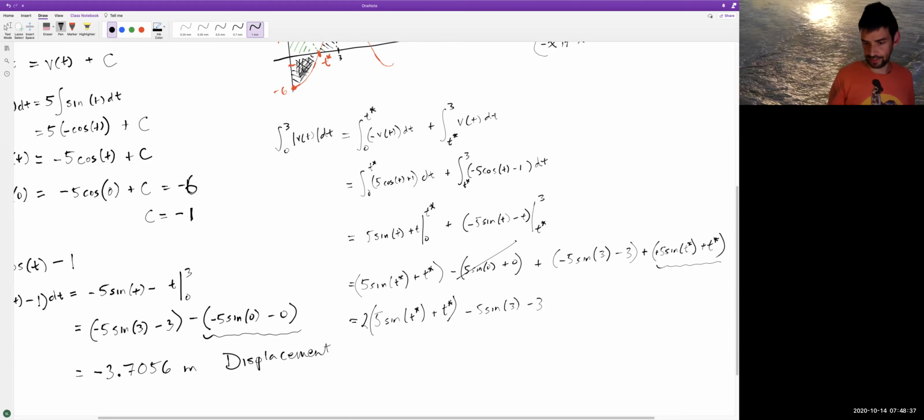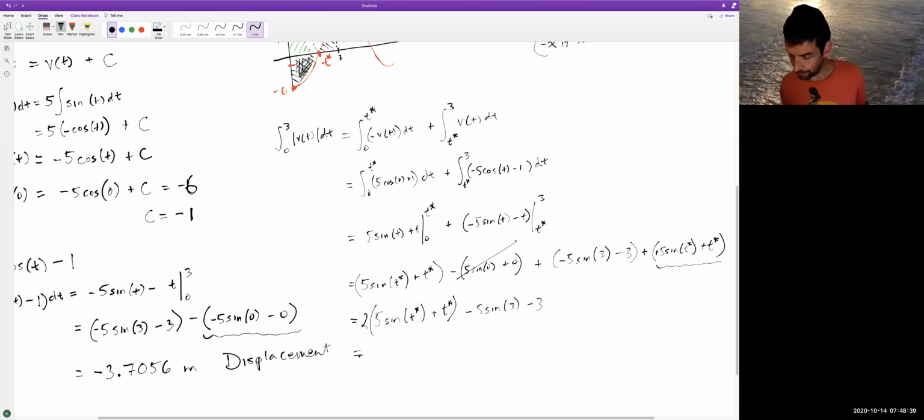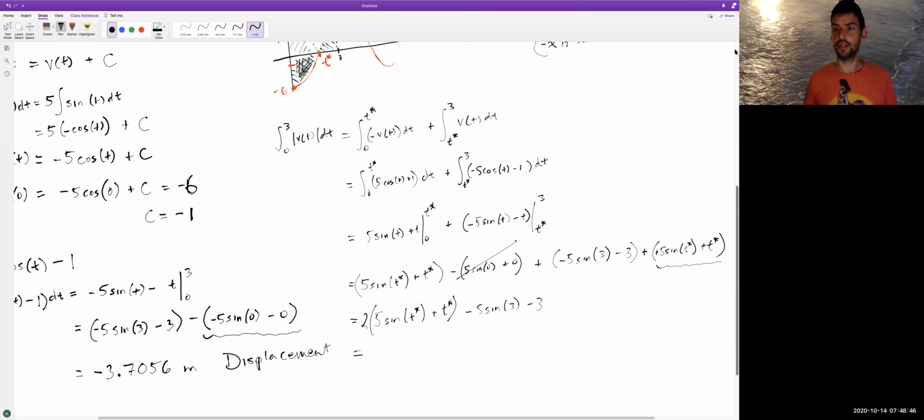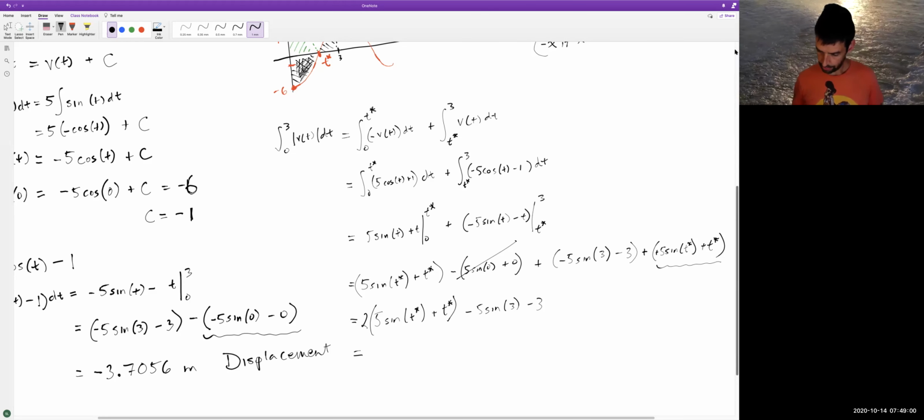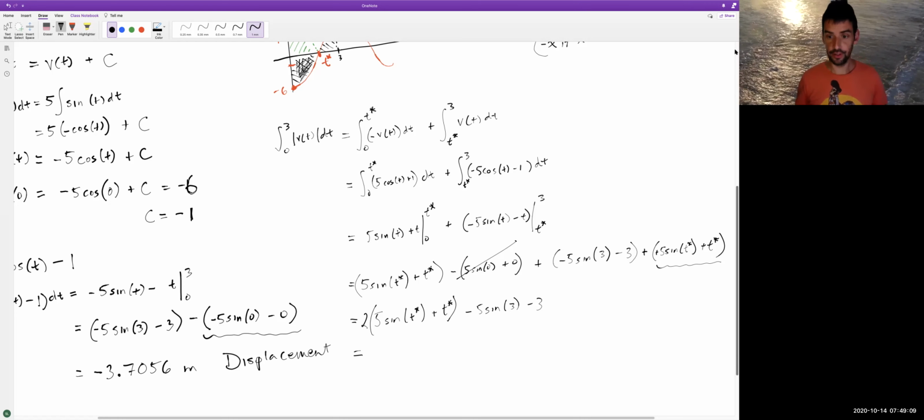Of course, let's get a decimal approximation to this. So this is, at this point, a calculator problem. Pardon me, it'll just take 1 second. What is t star? That is our arccosine of negative 1/5.